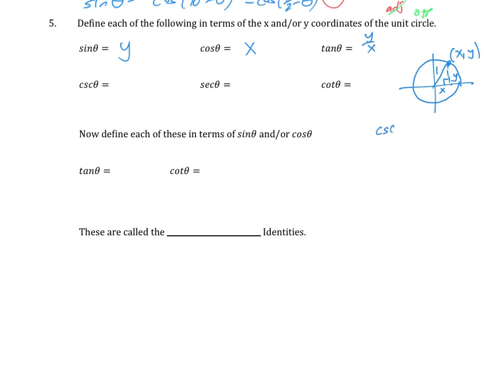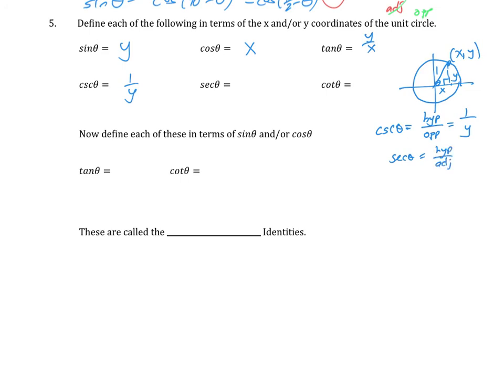So cosecant of theta is the reciprocal of sine. So sine is opposite over hypotenuse. So cosecant of theta is hypotenuse over opposite. This is theta. Hypotenuse is 1 on the unit circle, and the opposite side is y. So cosecant theta is 1 over y. Secant theta is hypotenuse over adjacent.